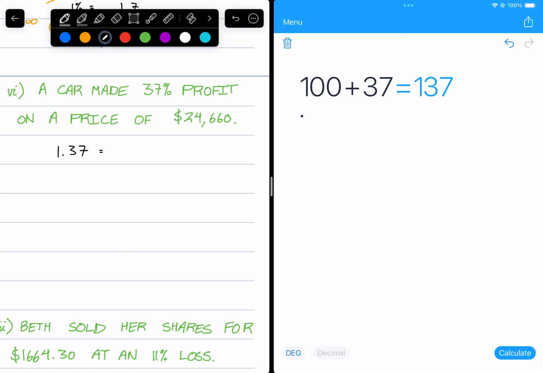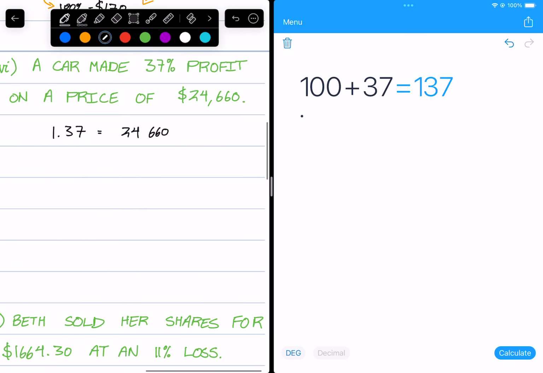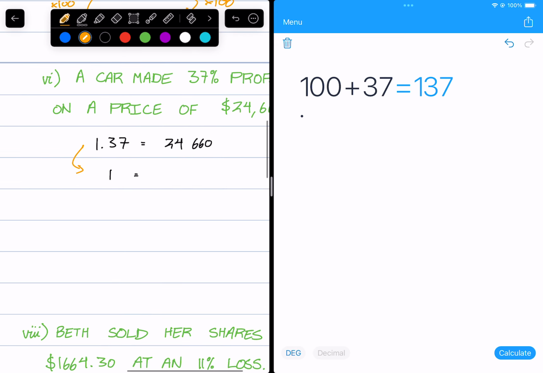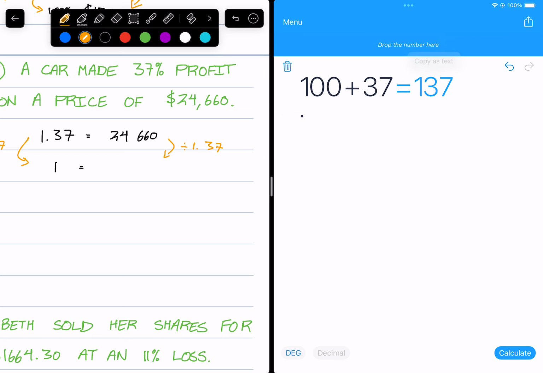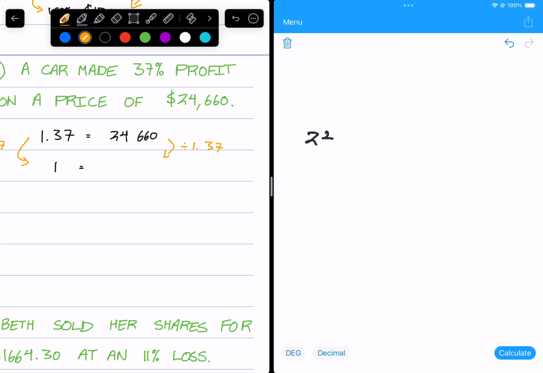This is equal to 24,660. And so the 100%, we get that by dividing this by 1.37. And so we divide the other side by 1.37 as well. So 24,660 divided by 1.37.